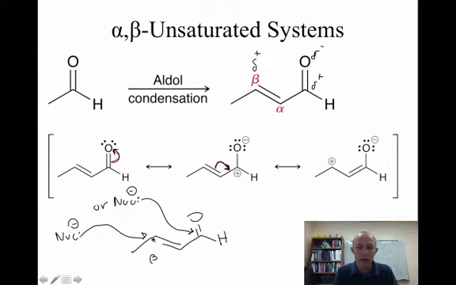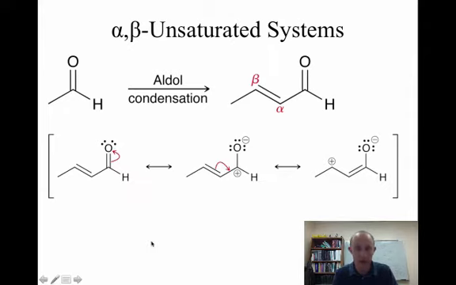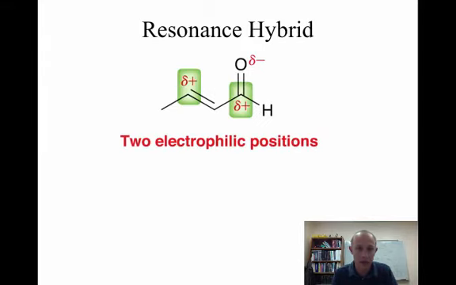So we can see in some cases nucleophiles are going to attack here, in some cases nucleophiles are going to attack here. If we attack here, that's called conjugate addition, as we're going to see. And this all has to do with understanding the resonance structures and how they compile with one another to make a resonance hybrid. Okay, so this is our resonance hybrid. You can be electrophilic here or here. We're going to see some nucleophiles add here, some nucleophiles add here.